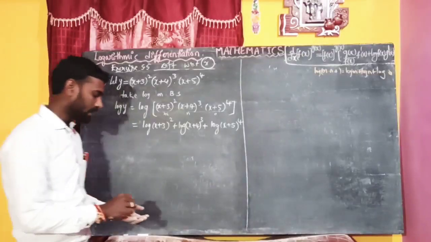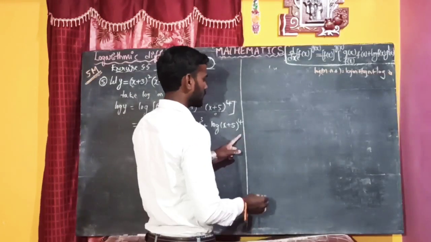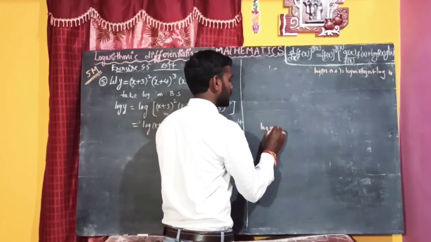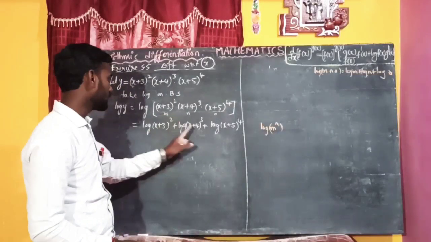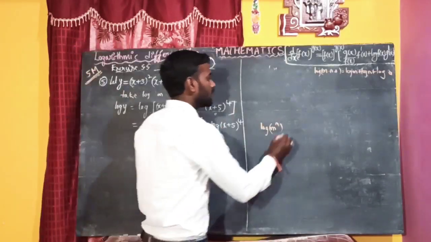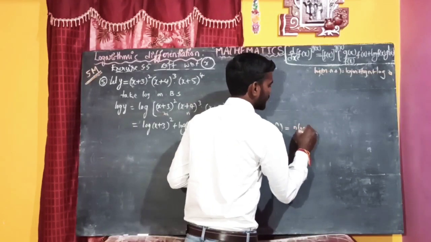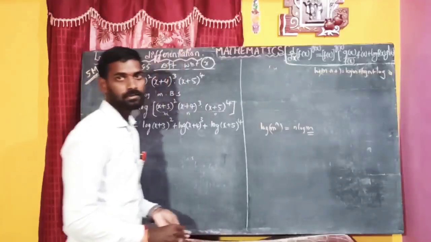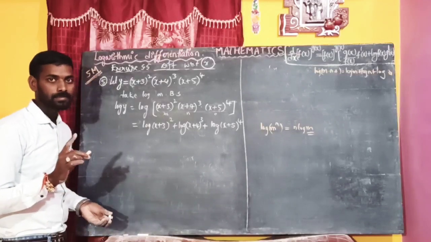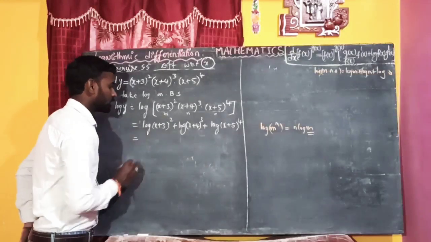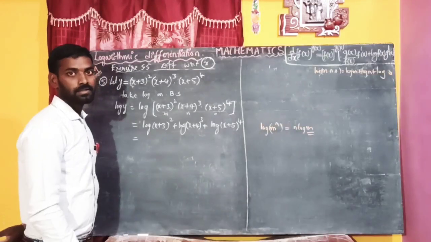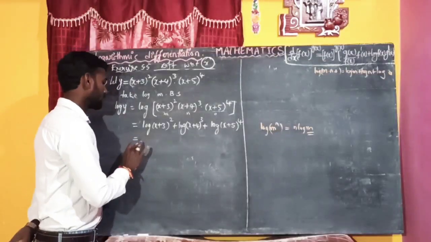Now observe, guys, again. These terms are of the form log m power n. Log m power n can be written as n log m. The properties of logarithms are very important, guys. If you don't know the properties, you can't solve even one of these problems.